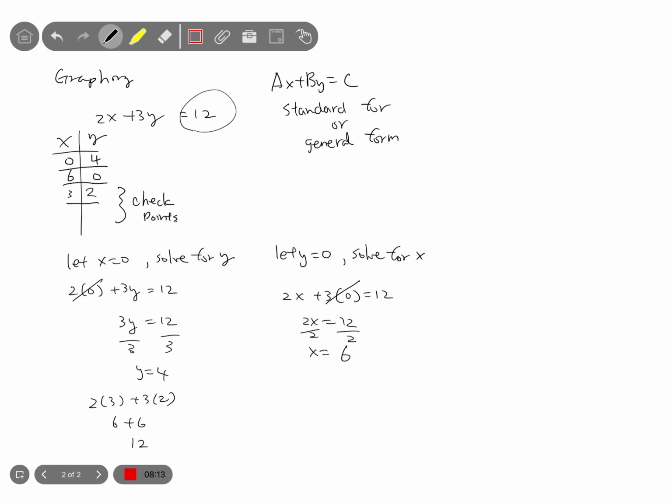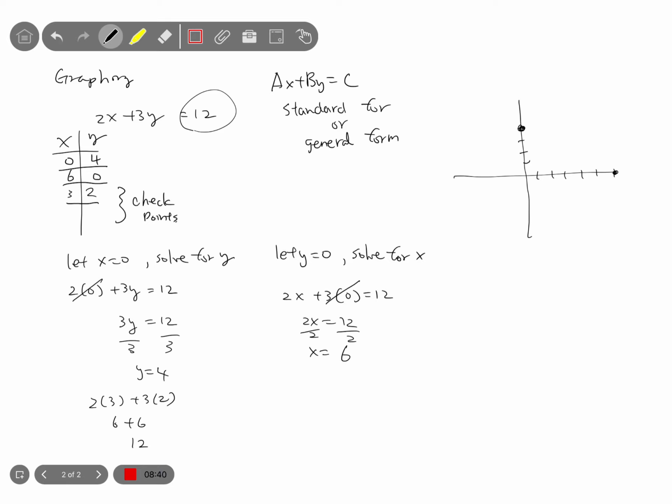I mean, if you want to, you can use negative or positive numbers for x and y, but I think for our sake, we only picked 1, and so we'll see if that works. Now, if you put on your grid, 0, 4 will be up here. 6, 0 will be 1, 2, 3, 4, 5, 6 to the right.